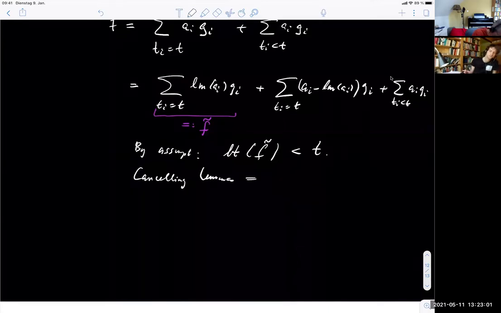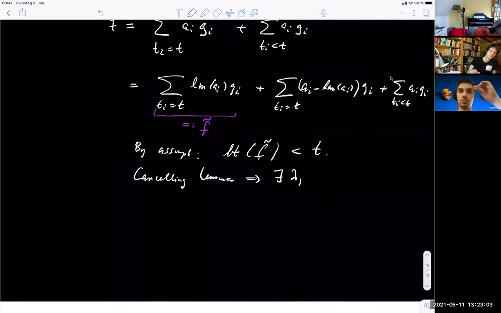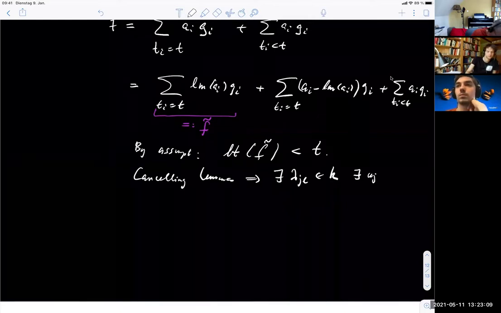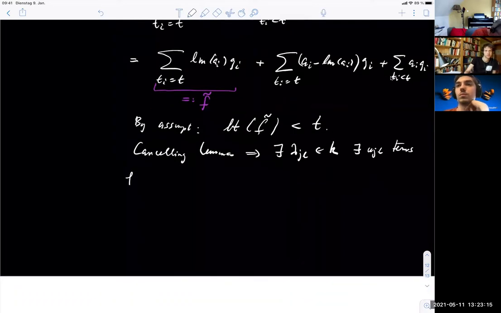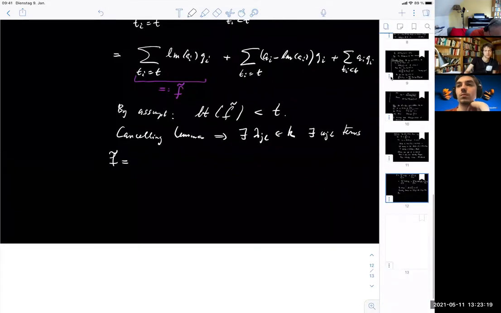Okay, this implies there are coefficients lambda JL and terms such that I have twiddle. Okay, I think I need some more space. Let me produce.